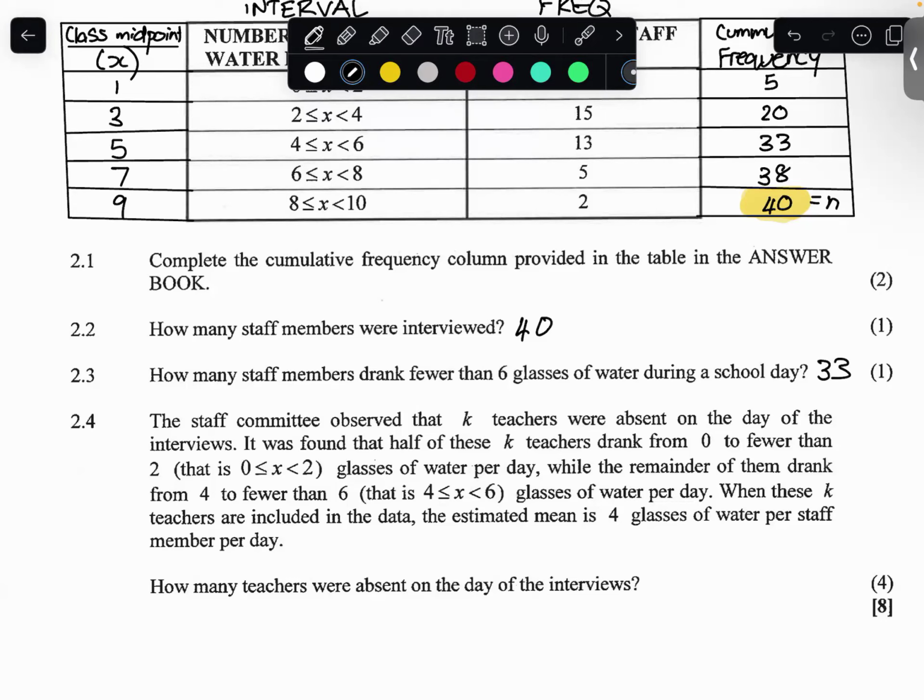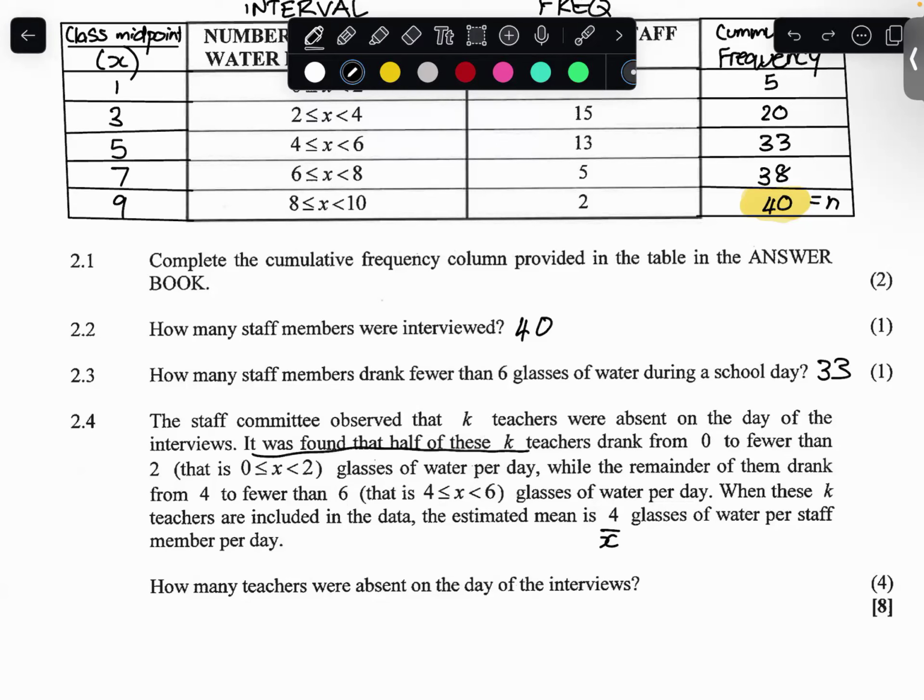When these K teachers are included in the data, the estimated mean is 4 glasses of water per staff member per day. How many teachers were absent on the day of the interviews, meaning determine K, because that was the amount of teachers absent. So let's read this slowly.